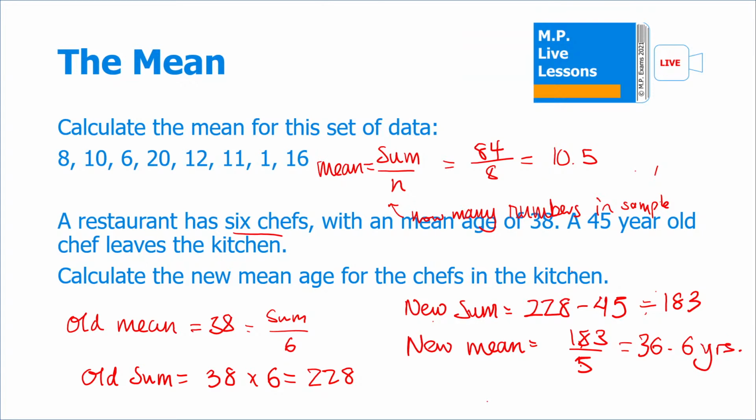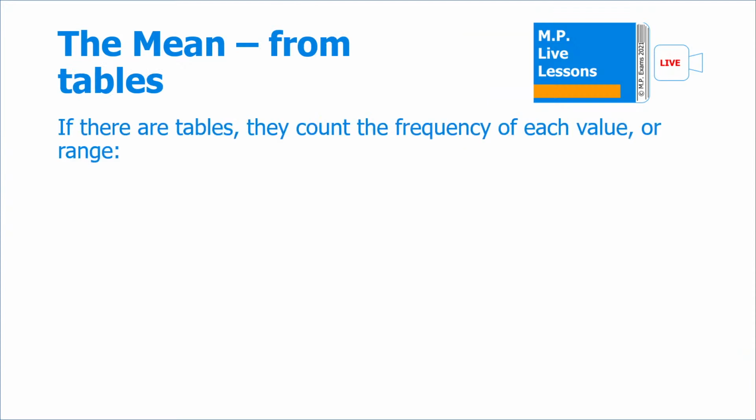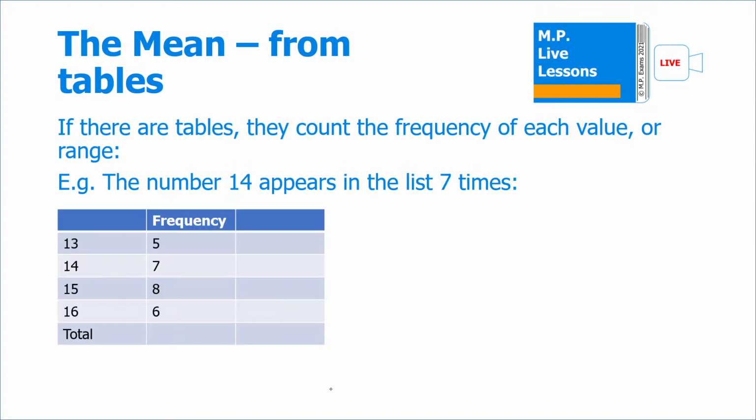Now, you could also be asked to calculate the mean from tables. If there are tables, you need to count the frequency of each value or range. For example, in this table, we see that the number 14 appears in the list 7 times. Then what we do is multiply. Let's say these are our values. We multiply them.